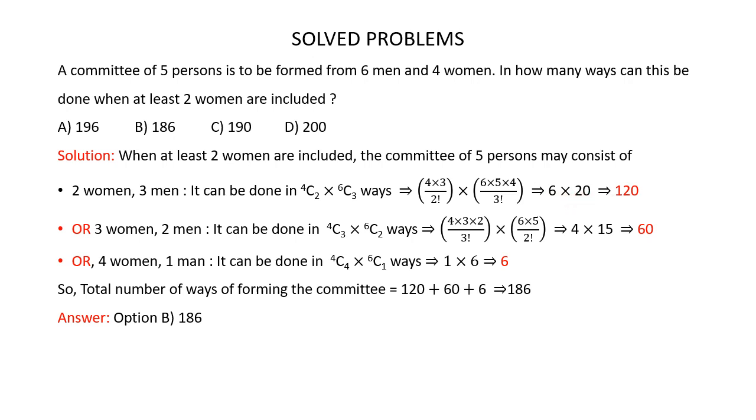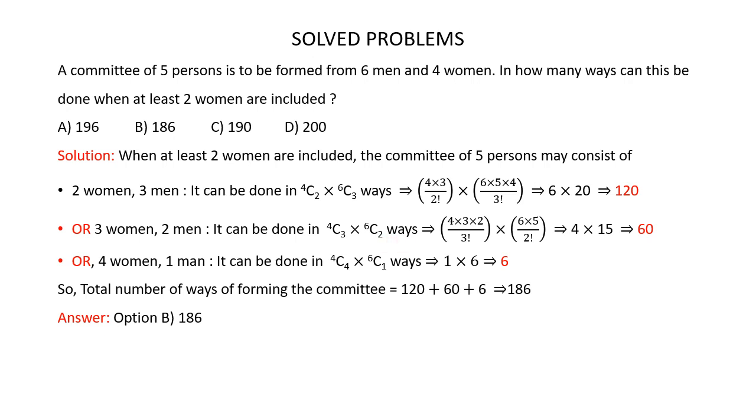Now let's look at the second case where 3 women and 2 men can be selected for the committee. Now 3 women can be selected from 4 women in 4C3 ways, and is multiplication. 2 men can be selected from 6 men in 6C2 ways.